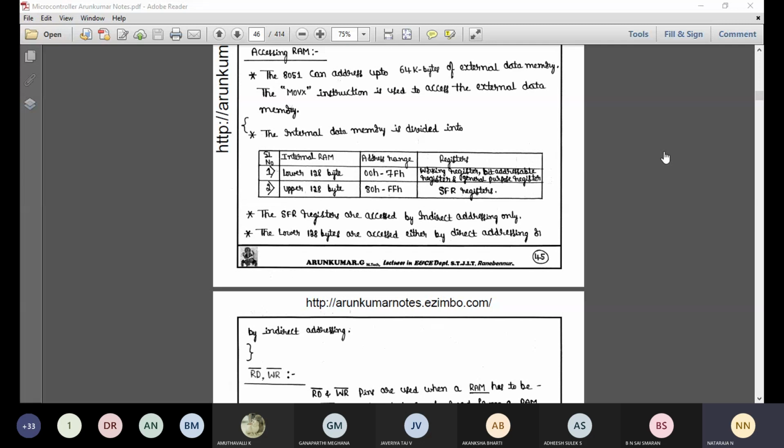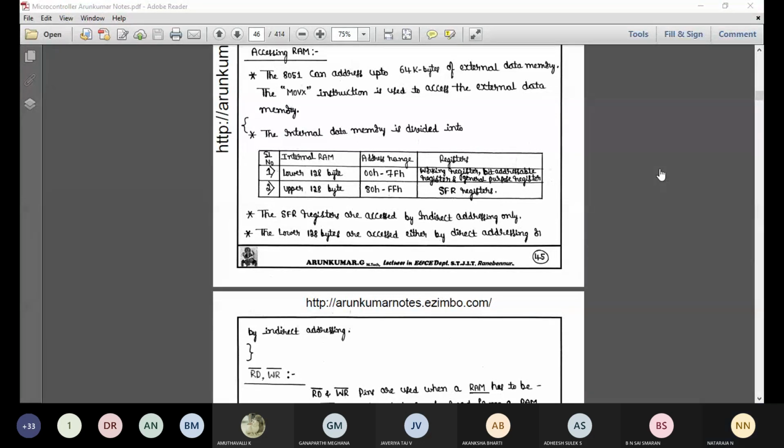Manish, present, sir. Meghana, present, sir. Girija, present, sir. Hamsa, present, sir. Harsha, present, sir. Jason Varghese, present, sir.